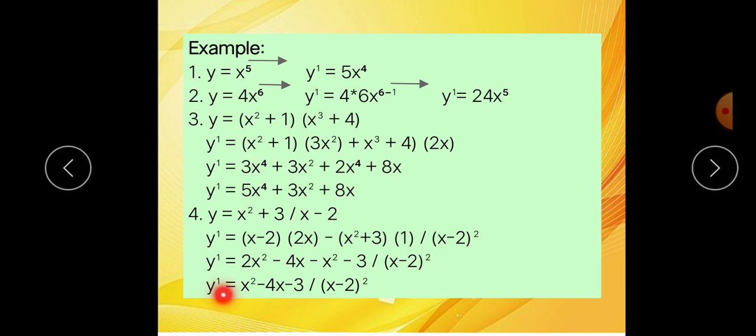So the y prime equals x squared minus 4x minus 3 divided by (x minus 2) to the power of 2.